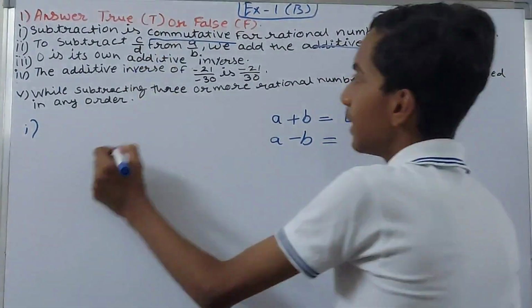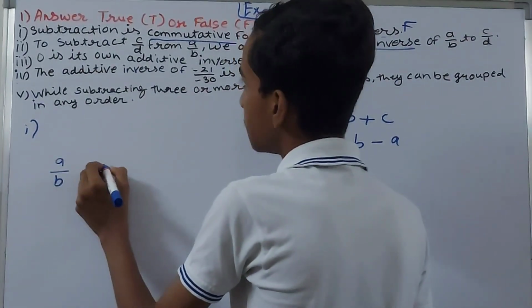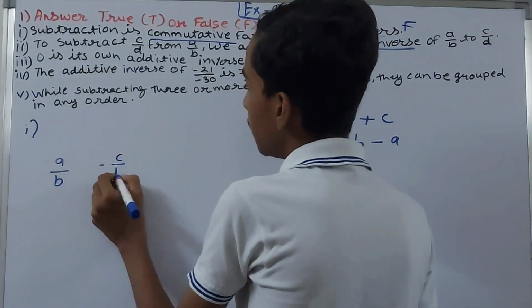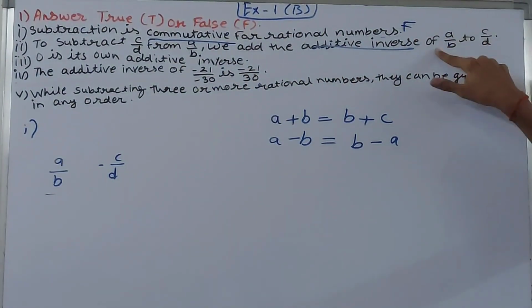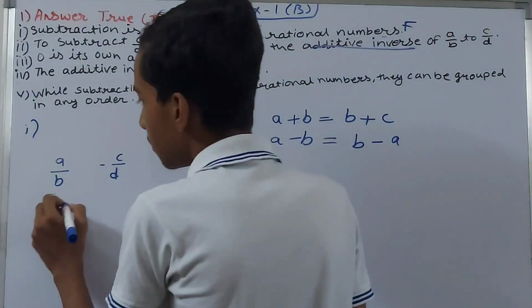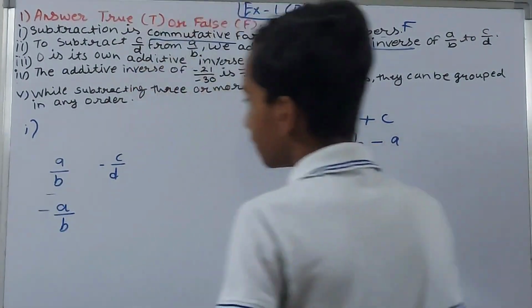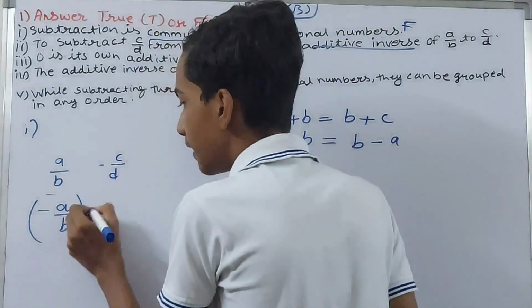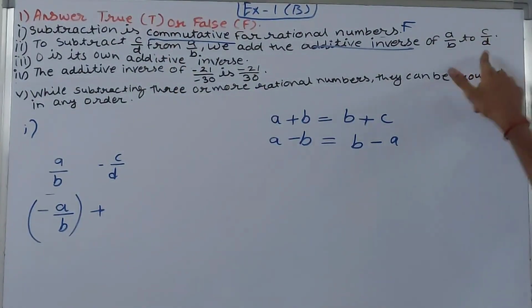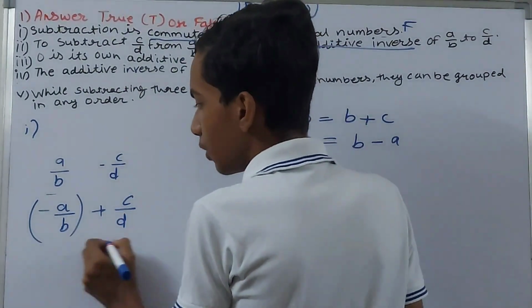Now to subtract c by d from a by b, that is a upon b minus c by d, what is it saying? We add the additive inverse of a by b to c by d. The additive inverse of a by b will become minus a by b, and this will be added to c upon d. So what do you get here?